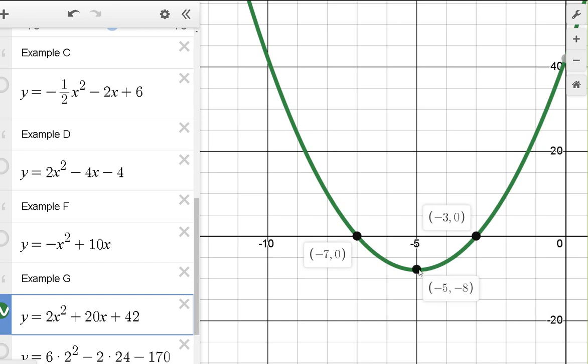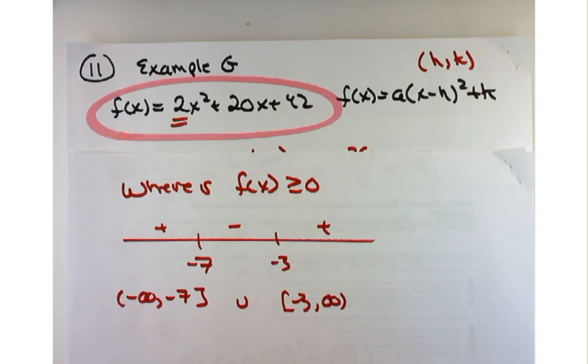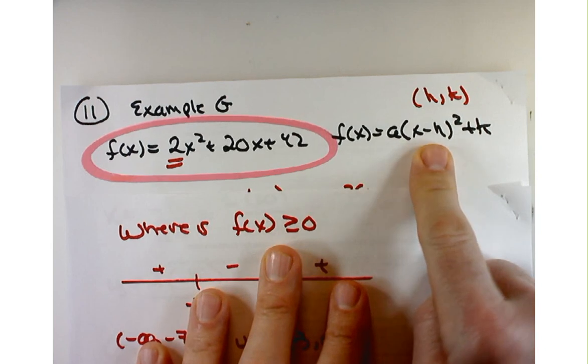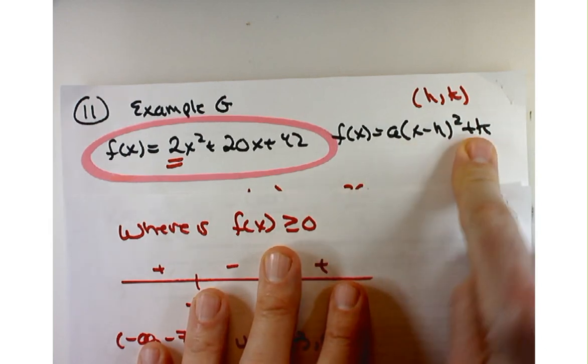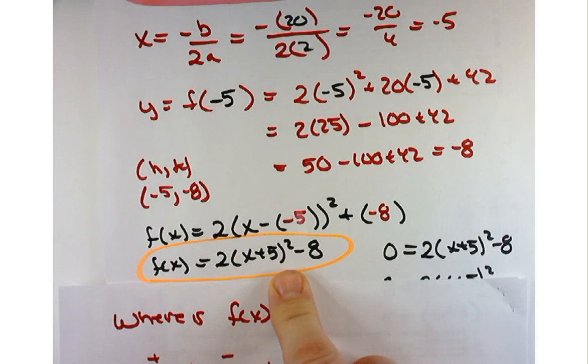That's Desmos. And click right there. And if you can find the vertex that way, it makes it really easy to say, oh, well, h is -5, k is -8. There's my completed square form of this formula.